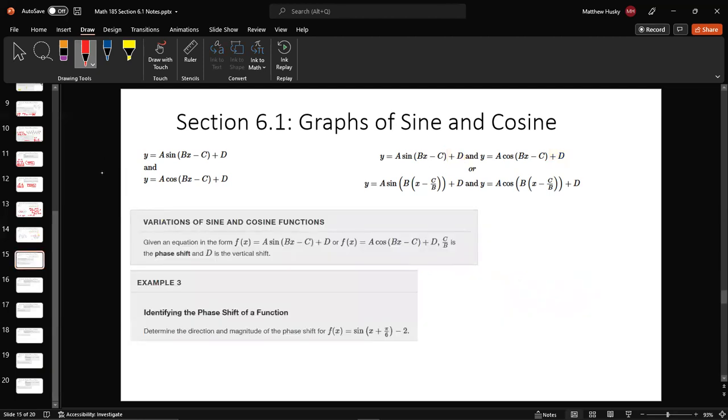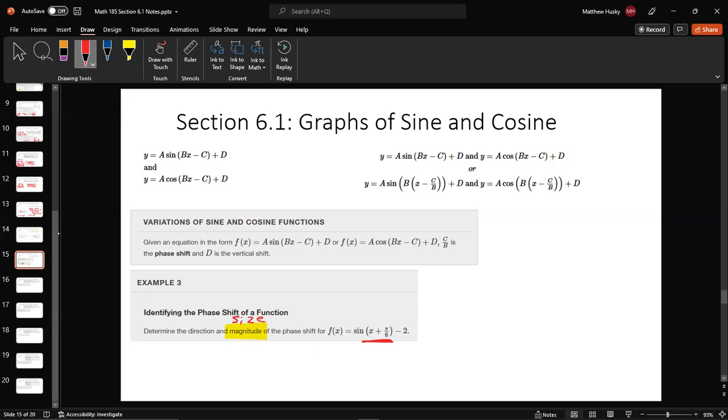So here they say identifying the phase shift of a function. Determine the direction and magnitude. Magnitude is basically fancy speak for size, how much basically. So they say determine the direction and magnitude of the phase shift.